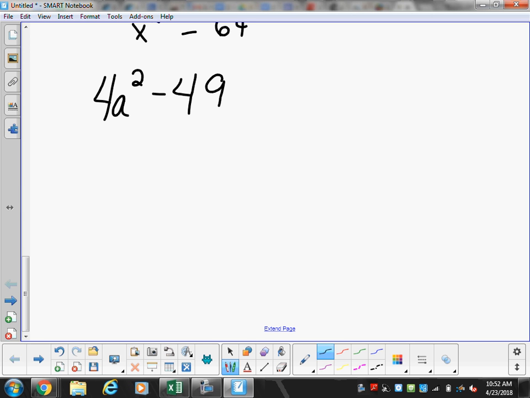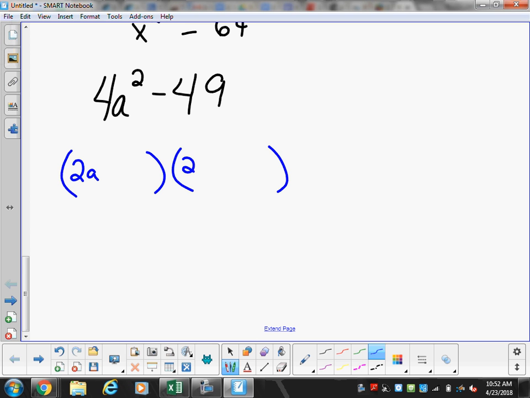Is a squared a perfect square? Yes, because the square root of a squared is a. Okay, because a times a is a squared. Is 49 a perfect square? Yes, what's the square root of 49? 7. Okay, so this is a difference of two squares. So I take the square root of the 4a squared, which is 2a.